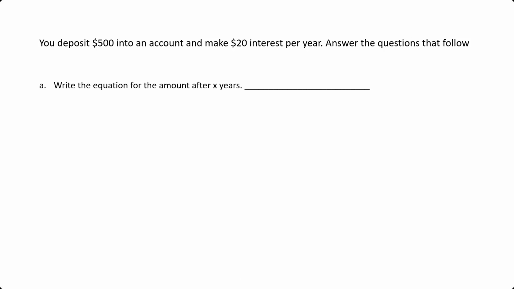Because it's growing by the same amount each time, $20 each year, it's linear, y equals mx plus b. What would m be? 20. m is the 20 because it's 20 per year, so it's the rate, which means 500 is b. So we're using y equals mx plus b. y equals 20x plus 500.